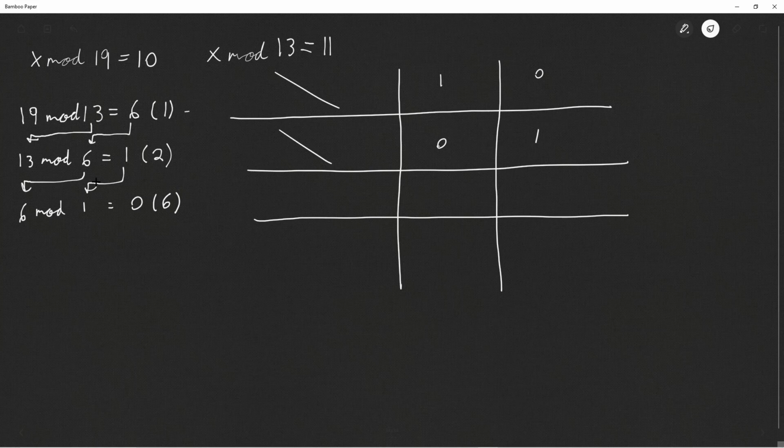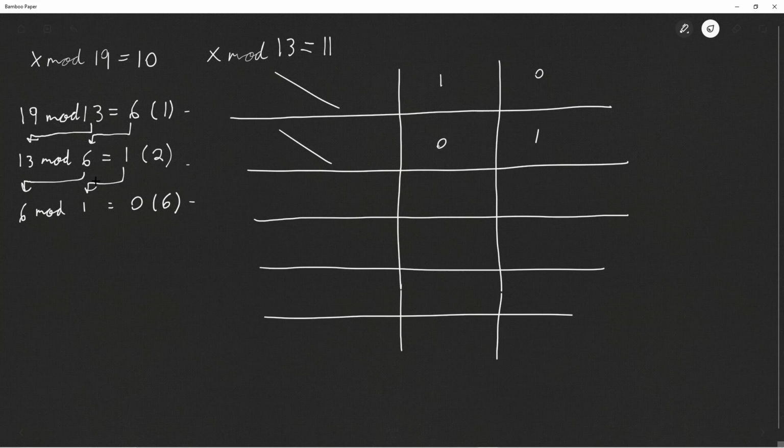So since we have 3 rows here, we're going to need 3 extra rows. So now what we need to do is write what we have in the brackets into this column. So this will be 1, 2, and 6.